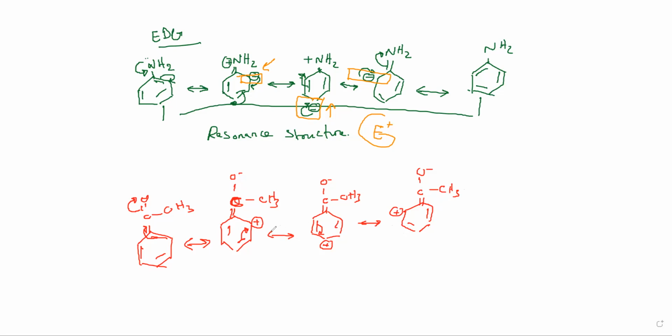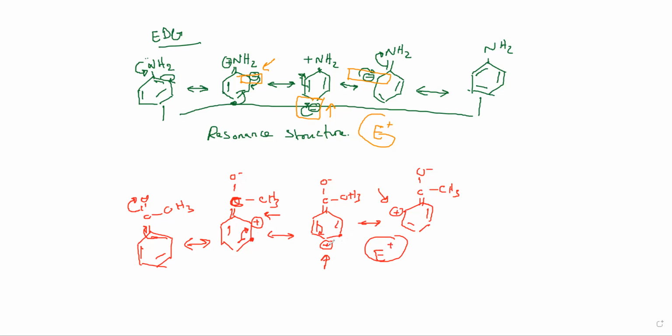Now, in these three resonance structures, what we can see is that we have created a positive charge in the ortho position, a positive charge on the para position, and also a positive charge on the other ortho position. So what does that mean? It means that the incoming A plus will repel against these three positions, whereas the meta position here still has some more electron density that can attack the incoming A plus.